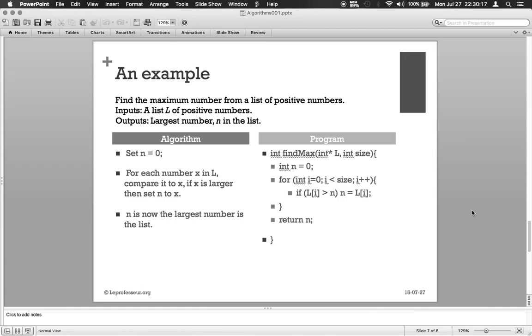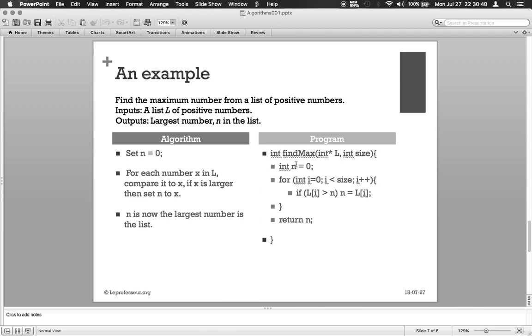If the number is greater than n, we set n equal to that number. And then we keep doing this repeated comparing, checking for each number in the list. And in the end, we will get the largest number in the list. How can we represent this in an algorithm form?